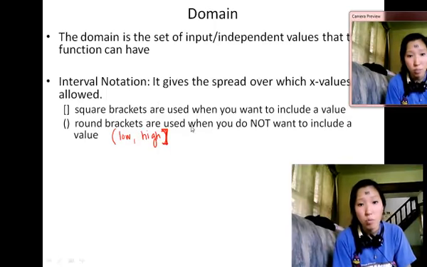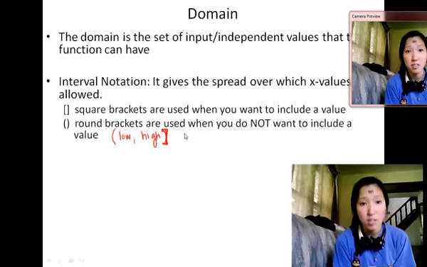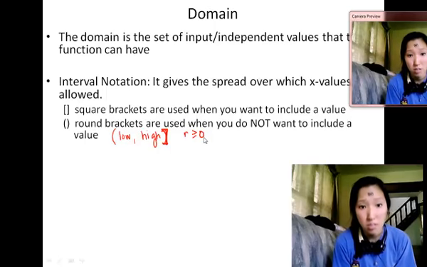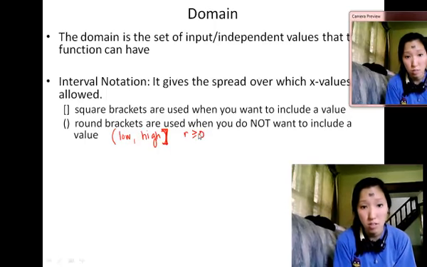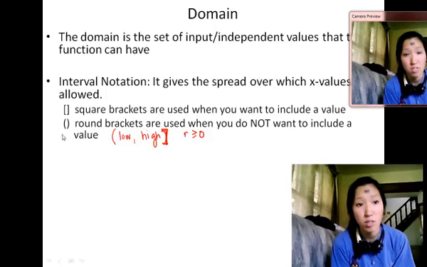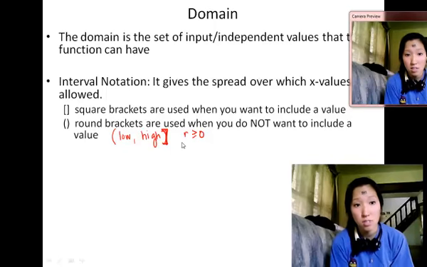But what we were discussing earlier was when we had that cylinder problem and the radius had to be greater than or equal to 0. Instead of me communicating to you that the domain is greater than or equal to 0 by using these inequality symbols, what I'm going to ask you to do is to use these interval notation symbols.